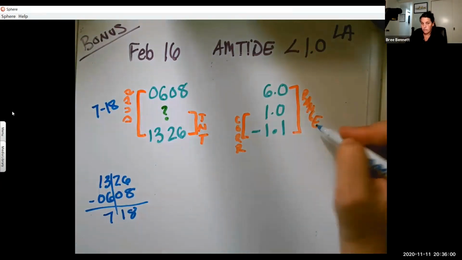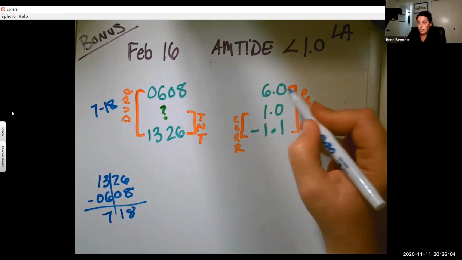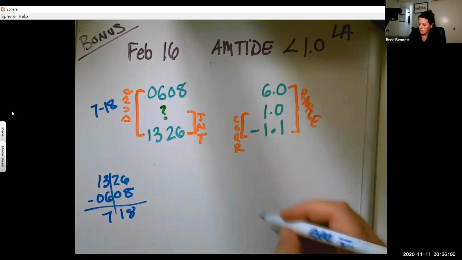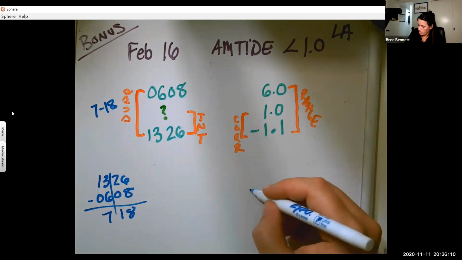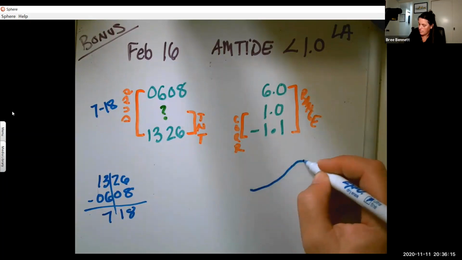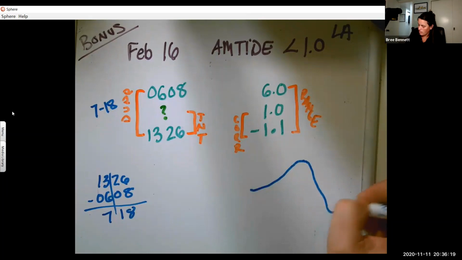Our range, so on our range, we have a high water of 6. Let's see, our graph goes up to 6 feet, and then it goes down all the way to a negative 1.1.